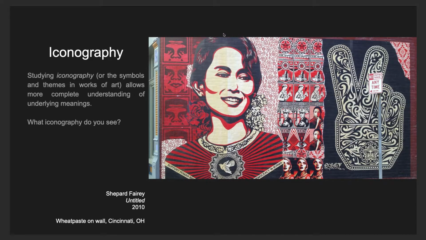Who is this person? I won't fault you if you can't figure it out. But her name is Aung San Suu Kyi, who at the time was really known as being a very human rights oriented political figure in a country of Burma.